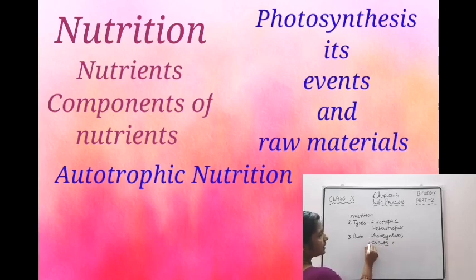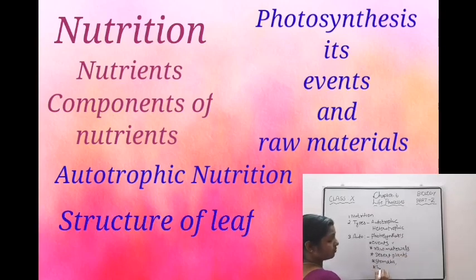Then we studied the raw materials needed for photosynthesis. Then we studied how photosynthesis occurs in desert plants. And after that we studied the structure and cross section of the leaf. So these are the main topics we covered in this video.